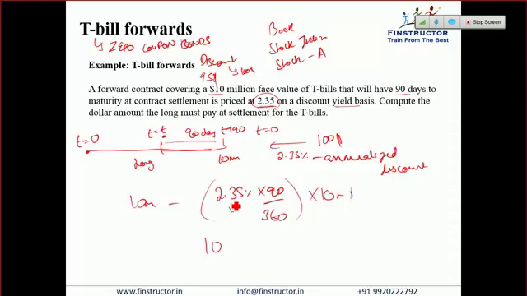That is an annualized discount of 2.35%, or the price 90 days earlier will be decided as 10 million minus 2.35% into 90 by 360 into 10 million. So this is the price that they have agreed to. The long counterparty will pay P and receive the bill. The short counterparty will receive the price P and deliver the treasury bill.